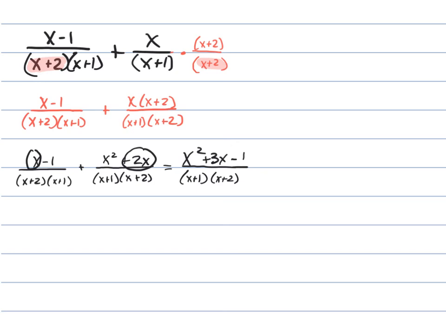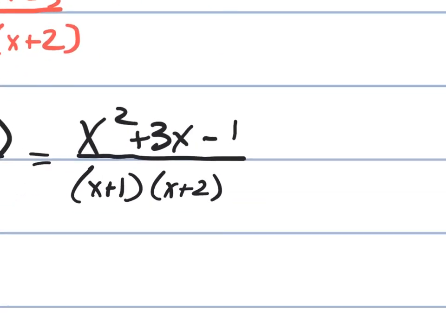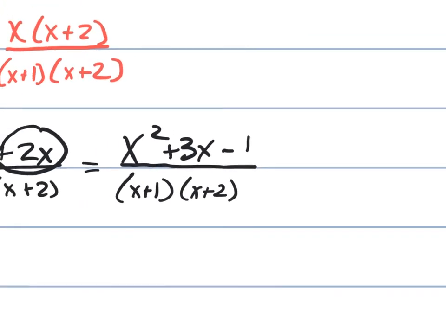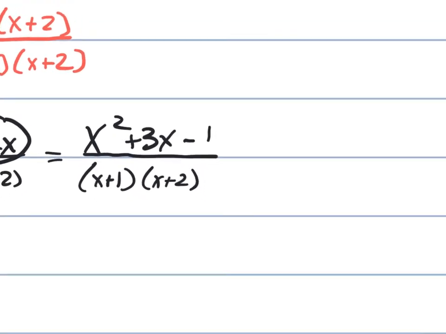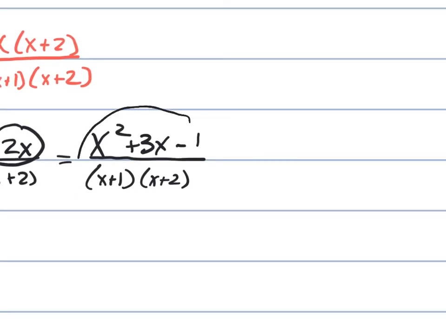So wait. We're just adding x's and x squareds. That doesn't change exponents at all. Okay, yeah. Okay, now I see it. Now, we may be done here, or maybe that top factors, maybe it cancels out. I don't know. But actually, I am going to sit here and go, do I know two numbers that multiply to give me -1 that will add to give me +3? Then that's not going to factor. So here is my answer right there.